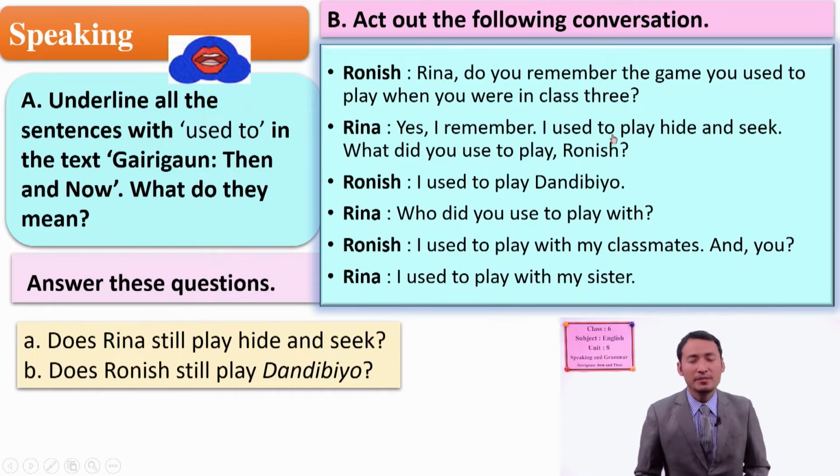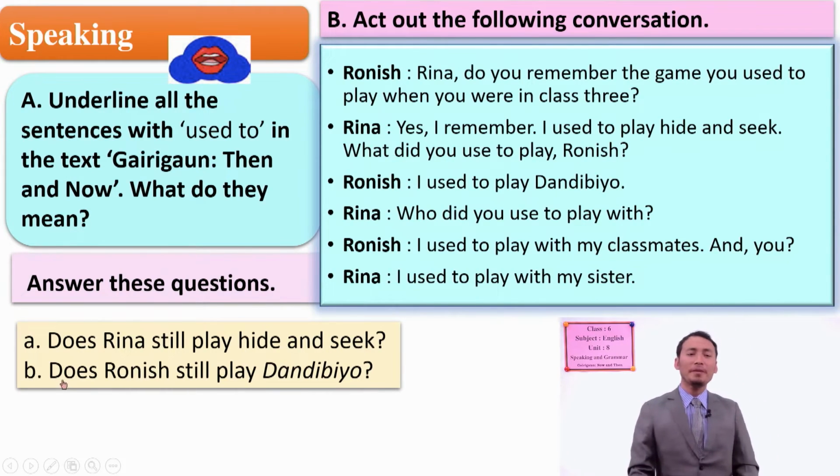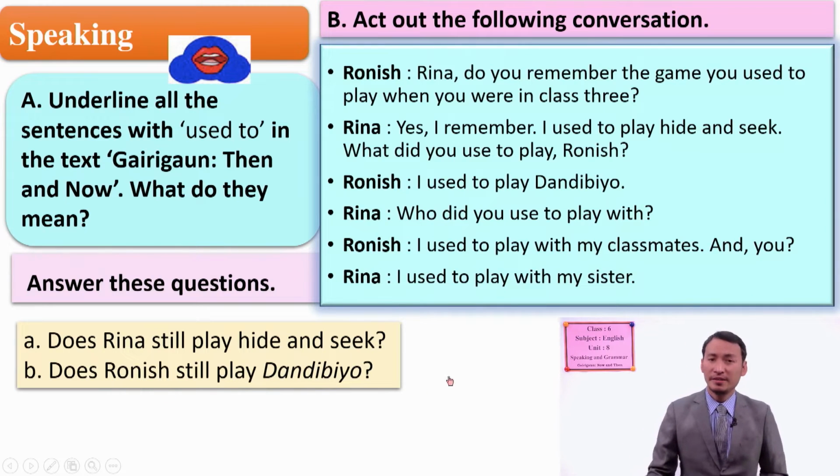It means, as we have said, used to means that something was done in the past and not at present. Okay, students? So for this first question, you can say, no, she doesn't play hide and seek now, or Rina does not play hide and seek. You can say like this. So does Ronis still play Dundee?